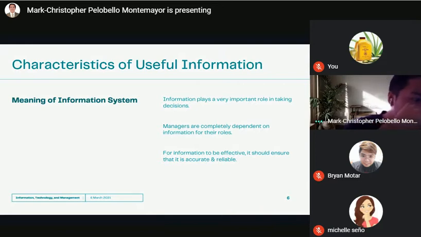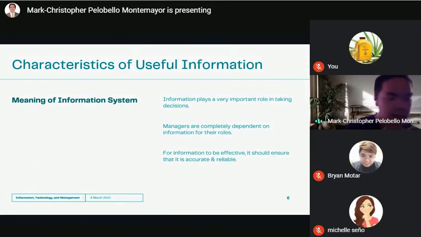False information may lead to wrong and inappropriate actions. For example, sa amin po sa DepEd, na mali yung natanggap na information, nakagawa ng decision na imbes na ikapabuti pa nung learner namin, napamali or mas lalo pang napahamak.